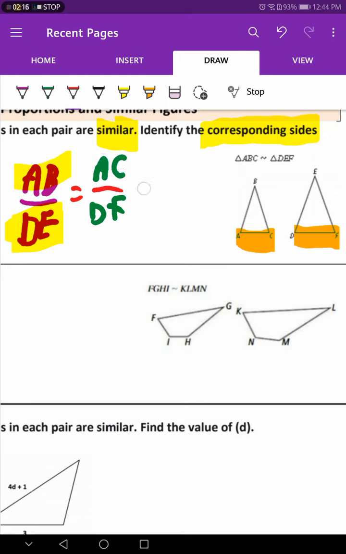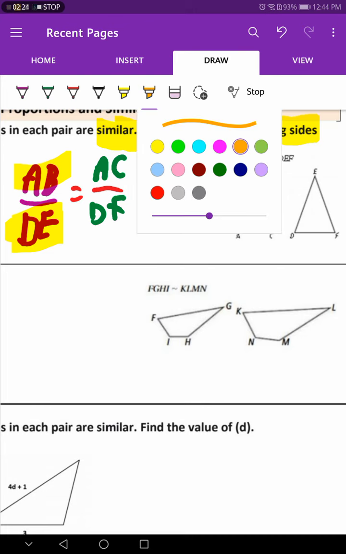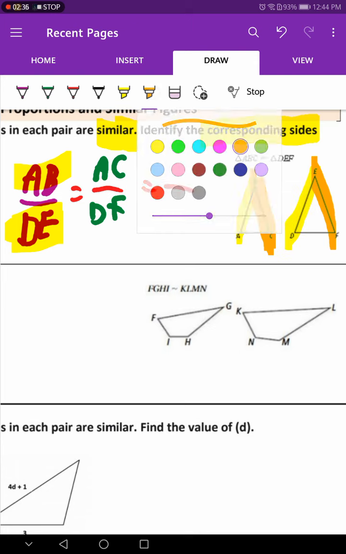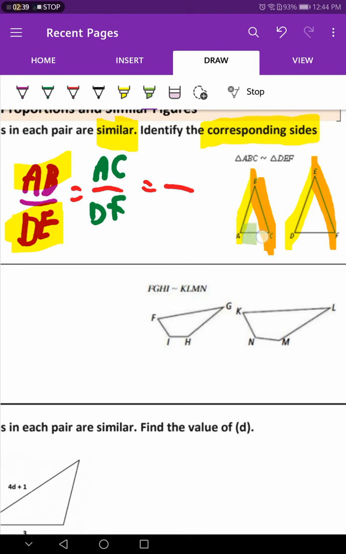Great boy. Now the last corresponding side is, see, BC, this side with this side. Okay, so we take this with this, and we take this with this, and the last one is BC over EF.